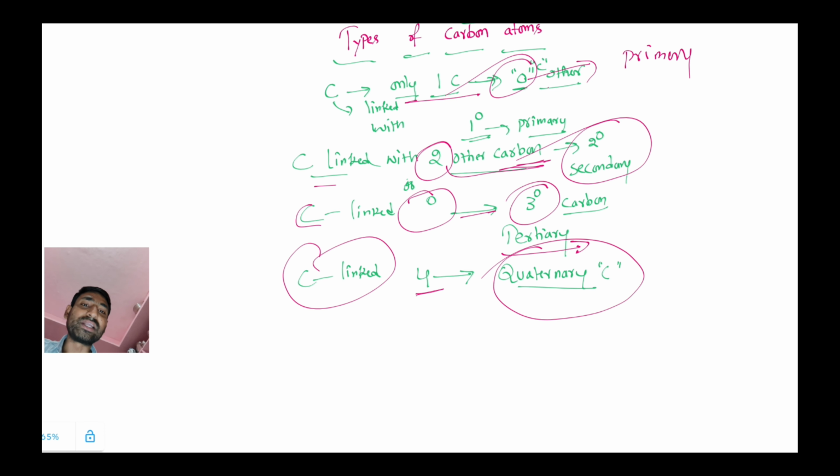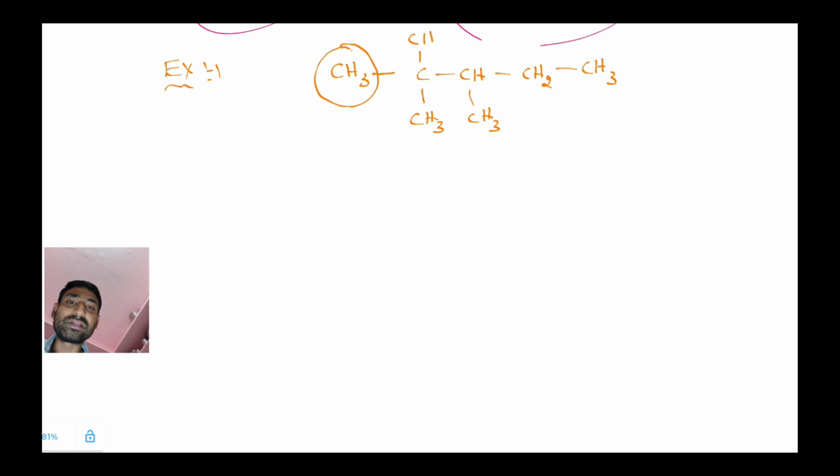So here, example 1. If you take a molecule like this, CH3 bond C bond CH3, bond CH bond CH3, bond CH2 bond CH3. First we have to consider this carbon. This carbon is CH3. This carbon is linked with only one carbon atom, that's why it is called a primary carbon atom.